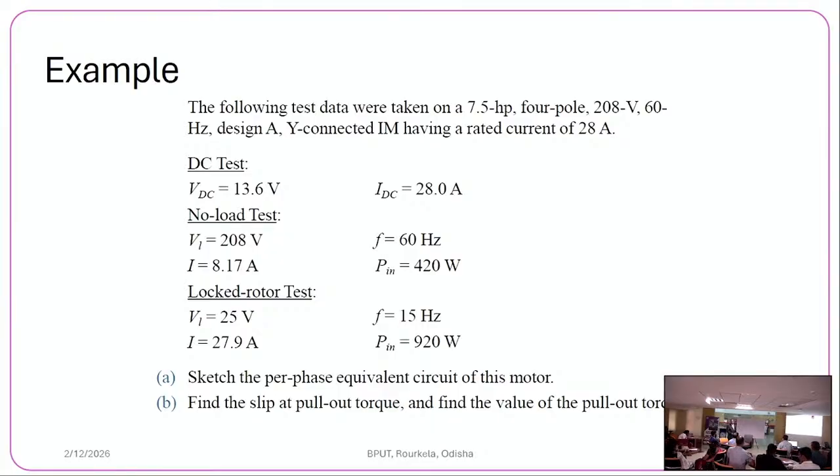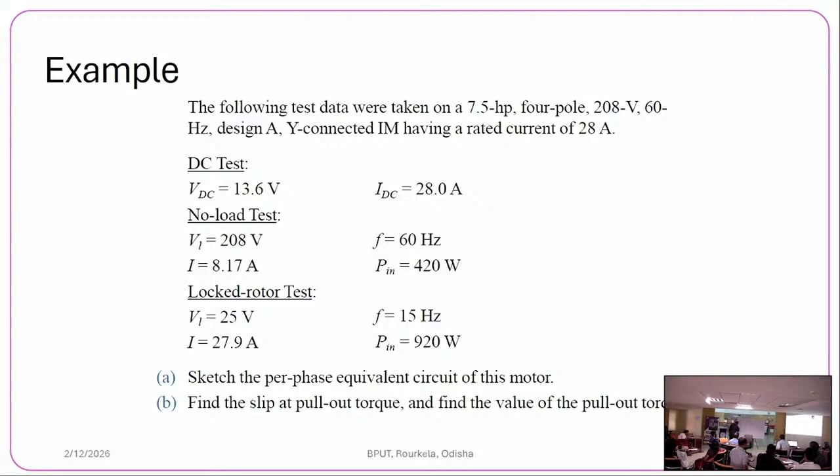If it is totally locked, then how can it deliver power? It is not delivering power; the input power is the loss power. The input power is the loss in the stator copper loss and rotor copper loss. Input power is root 3 V L I L into cos phi.